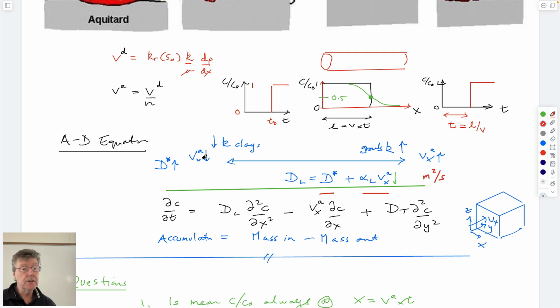If the velocity is really slow, such as in clays, then chemical diffusion is a big number compared to the advective transport. And so this term dominates, and this term drops out, and it just becomes D star, which is just the chemical free phase diffusion in water multiplied by some coefficient omega that represents tortuosity.